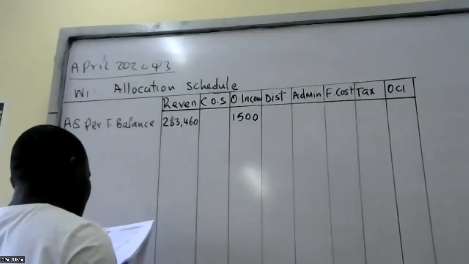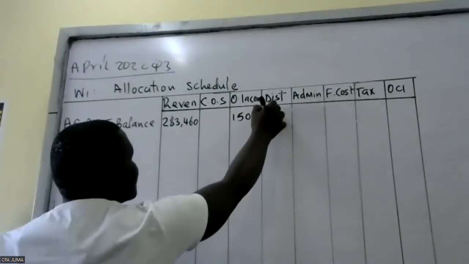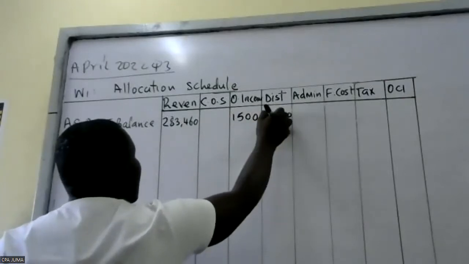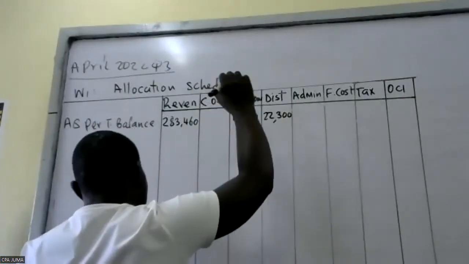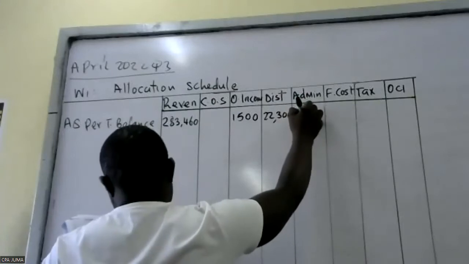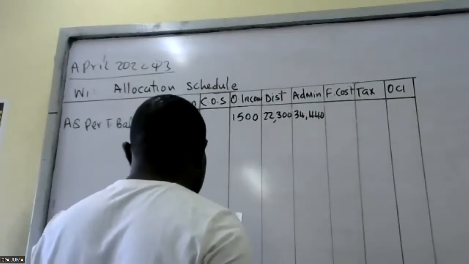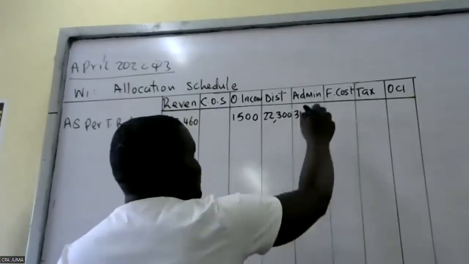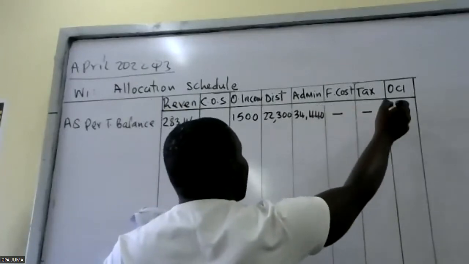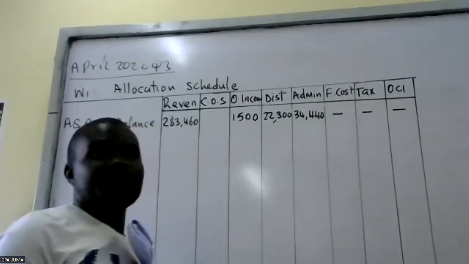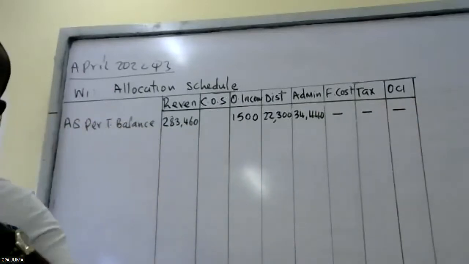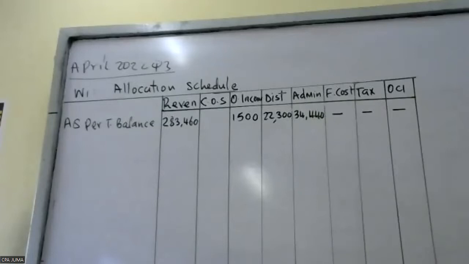How much? 22,300. Administrative, 34,440. Then finance costs, tax, and other comprehensive income you can leave for now. They are not there. So let's go to the notes, additional information.